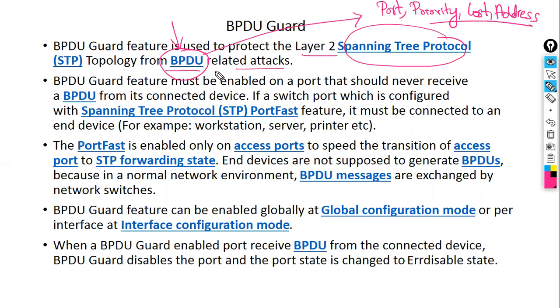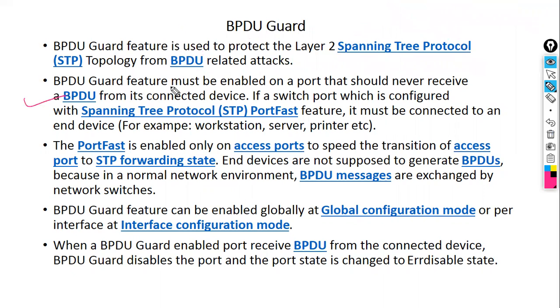And usually this plays a vital role during root bridge election in spanning tree protocol. In order to make sure that we safeguard our switches from any kind of BPDU related attacks, we can use the BPDU guard feature.